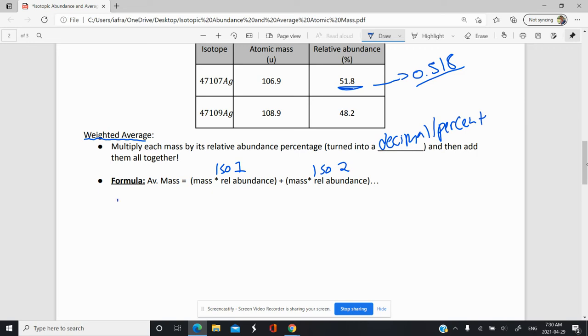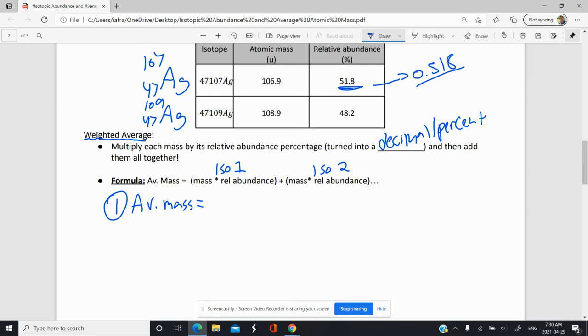So we have step 1, the average mass is equal to the mass of, let's start with the first isotope, silver 107, and then over here, silver 109.